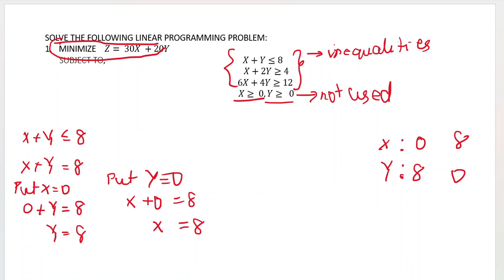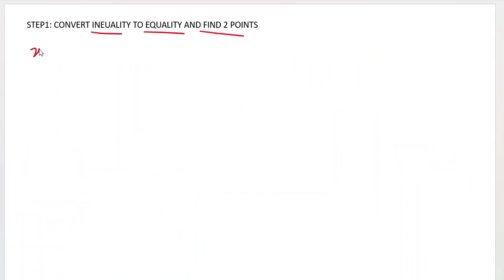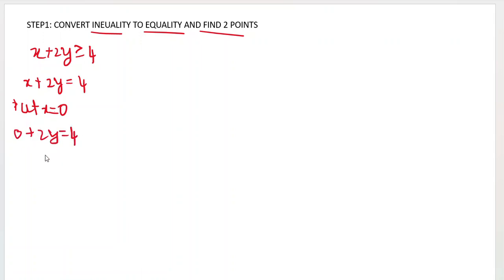The second inequality is x plus 2y more than or equal to 4. We convert this to an equality by putting x plus 2y equal to 4. To get the 2 points, we put x equal to 0. We get 0 plus 2y is equal to 4, so 2y is equal to 4, and y is equal to 4 upon 2, which is 2.